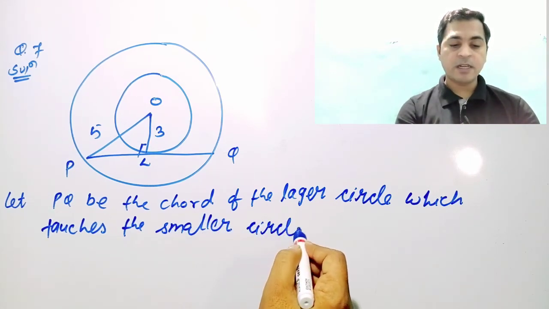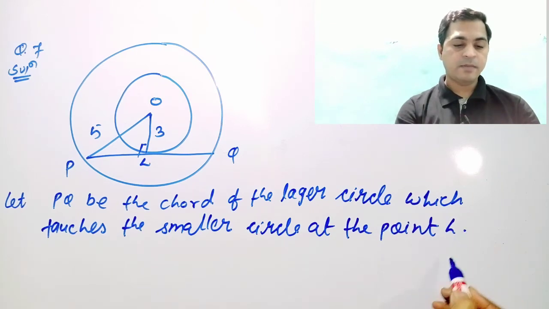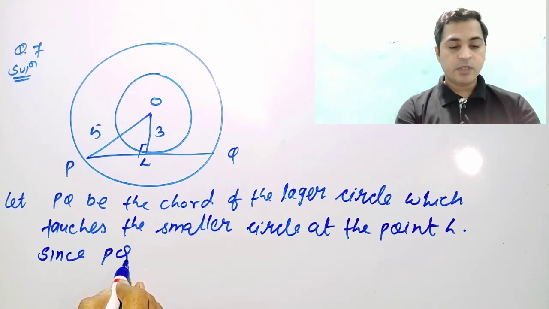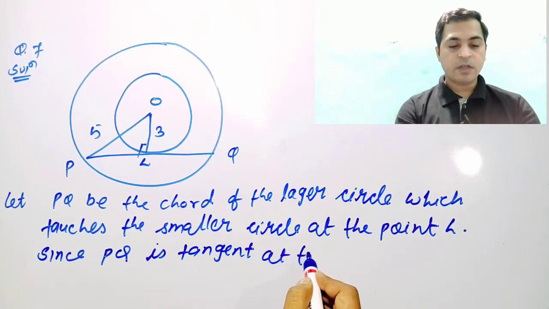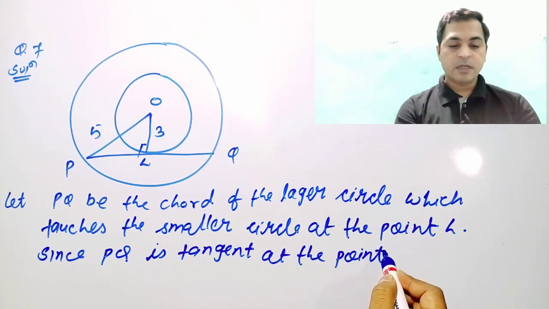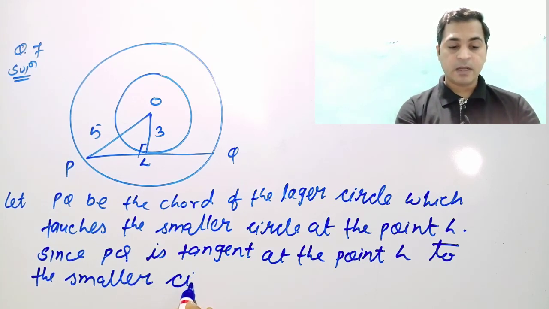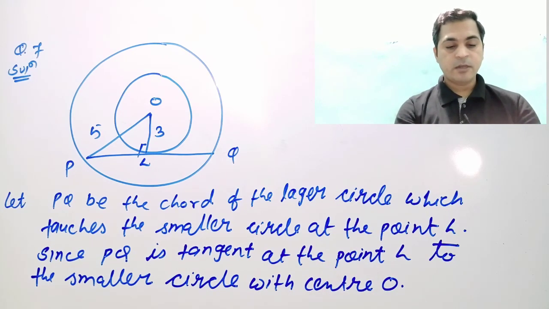Since PQ is what? PQ is tangent to the smaller circle at the point L, with center O, right student?